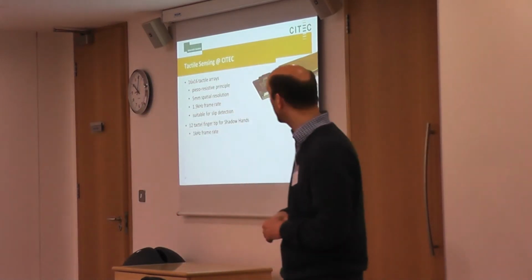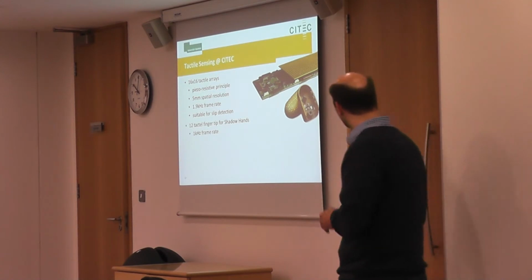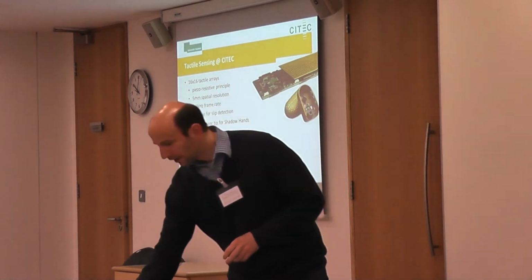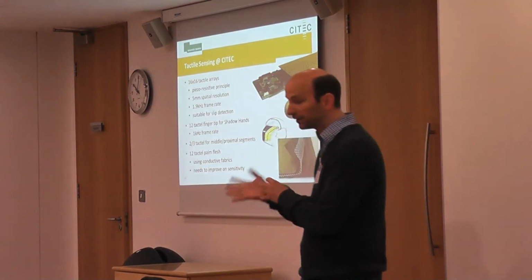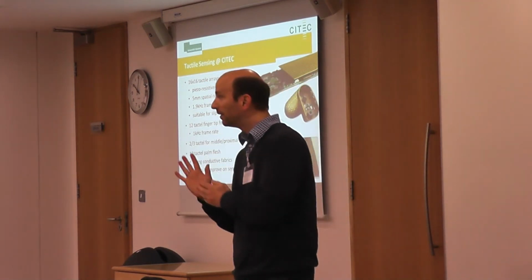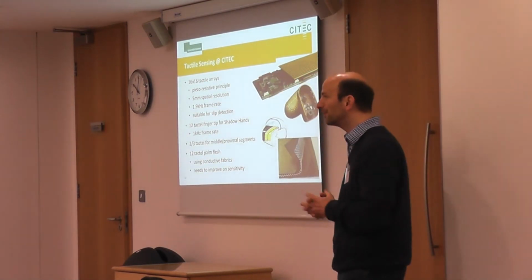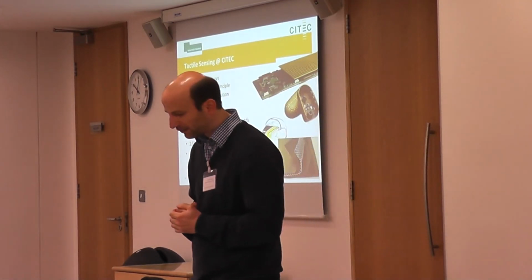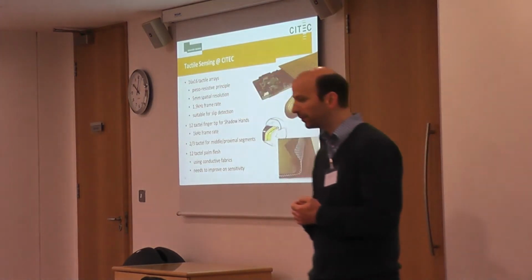Of course, the sensor is too large to be fitted into a robot hand, so we tried to miniaturize our sensor and shape it into a nice fingertip form, and to also cover all the other segments of the hand, as well as the palm. There's not much room in typical robot hands, so we use a different sensor technology using conductive fabrics.